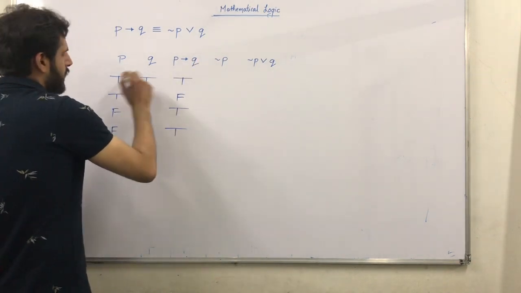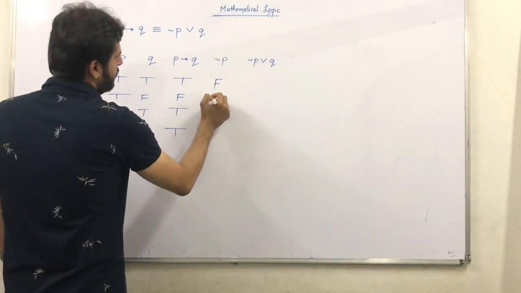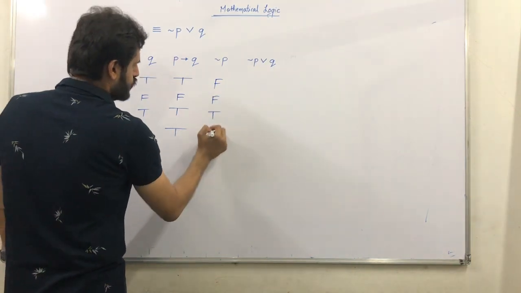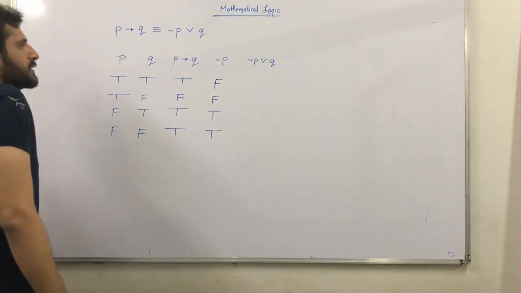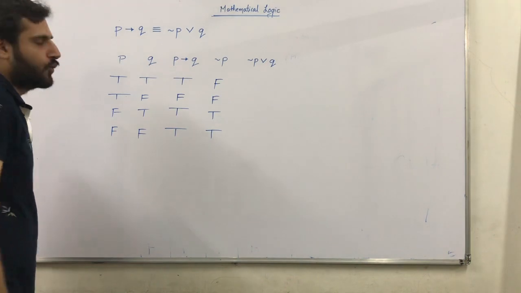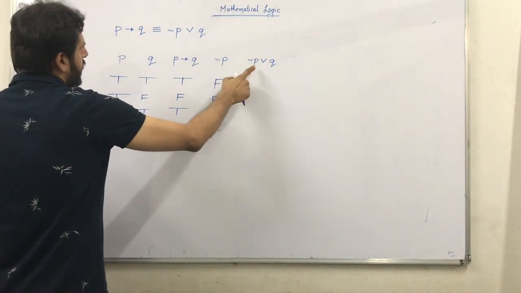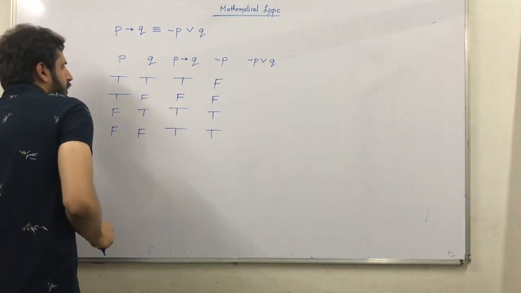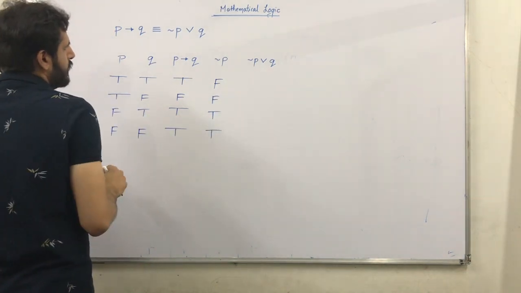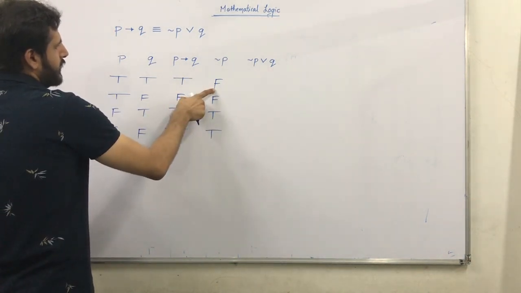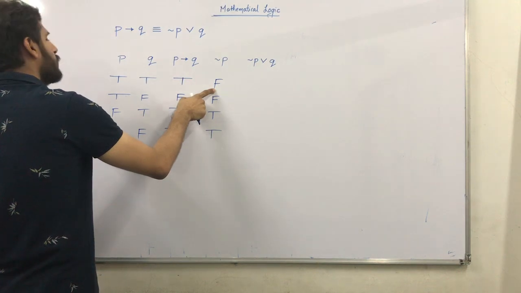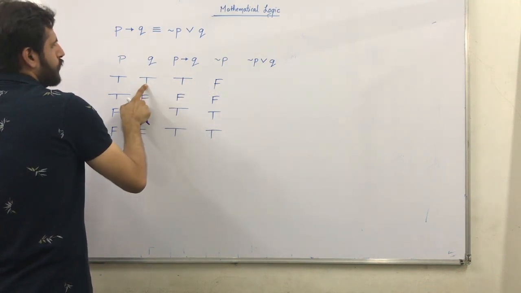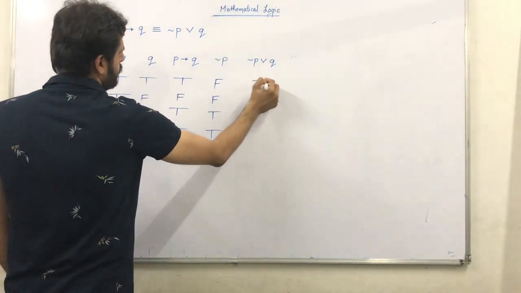Now negation P will be false, false, true, true. So negation P is false, false, true, true, right? And negation P or Q we will find out now. So negation P or Q, when we are finding it, we are taking all of this with Q. So it is false or true, giving you true.